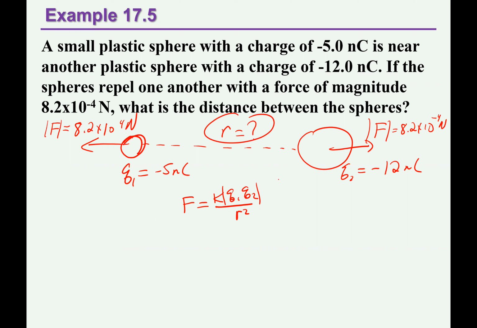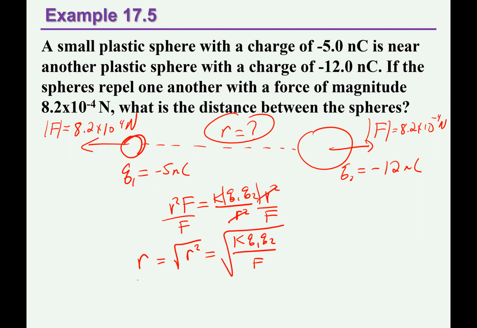So what you need to do here is rearrange this. You can cross multiply, move R squared here, then divide both sides by the force. Then R squared equals K Q1 Q2 over the force, and then take the square root of both sides.